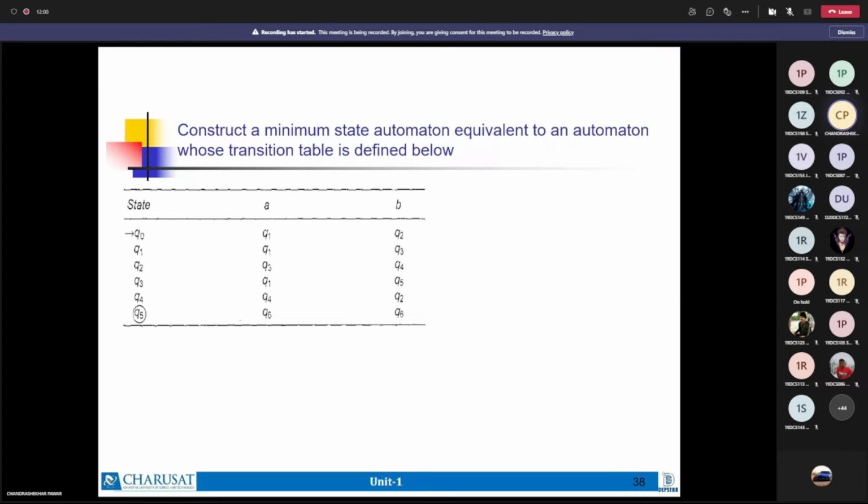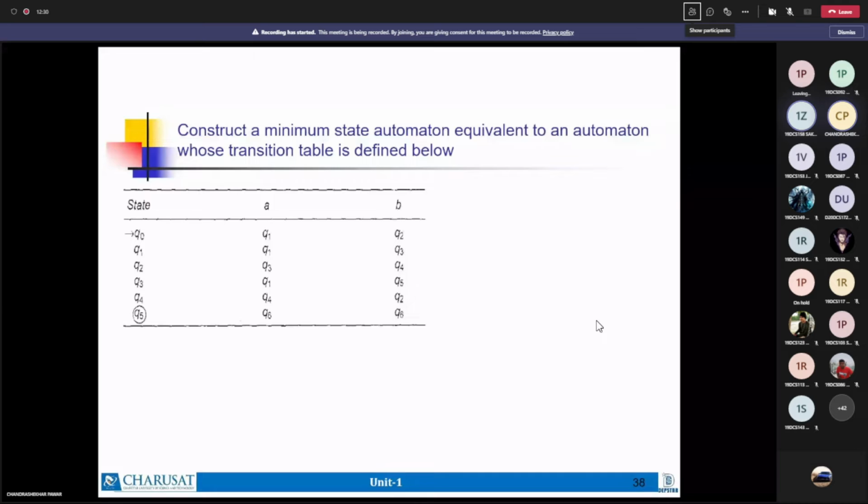Minimization of finite automata means what? What are you going to minimize within this process? Please reply fast. Number of states. Number of states.